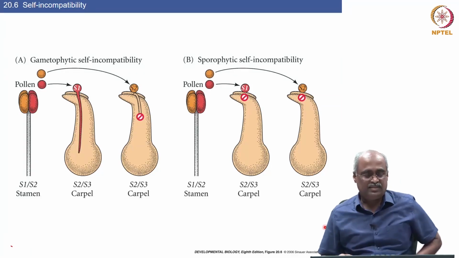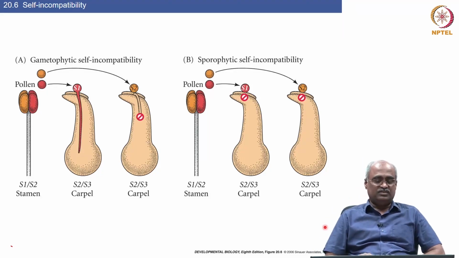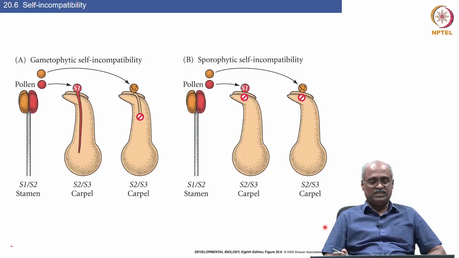This is achieved in a number of ways, and there are two broad classes. One is called interspecific incompatibility, where the pollen grain of one species does not fertilize the female gamete of a different species. Then you have intraspecific self-incompatibility, where within the species it does not happen.